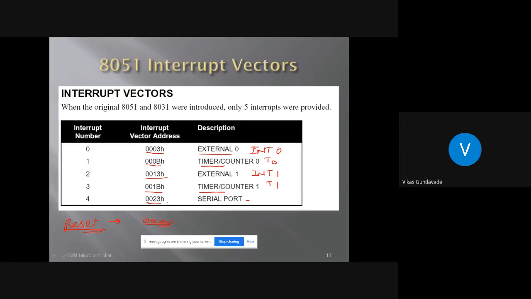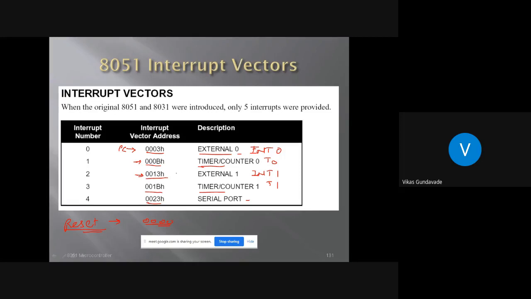0023. So what does it mean? If suppose the external zero interrupt has occurred, or INT 0 interrupt has occurred, then by default the program counter will jump to the 0003 location. If the timer zero interrupt has been generated, at that time the program counter will jump to the 000B location. If INT 1 is generated, then it will get shifted to the 0013 location.